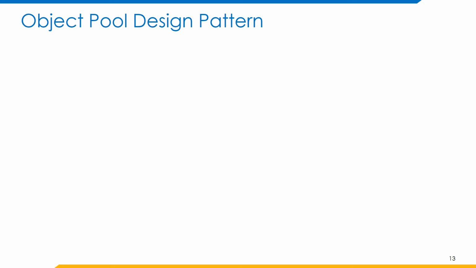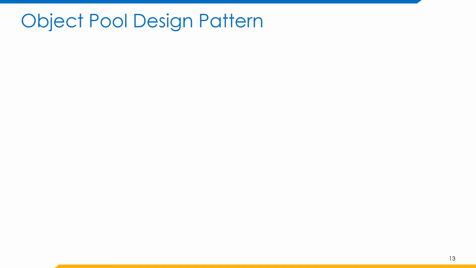In JDBC programming, we create a connection pool. From that connection pool, we use the object, and then after using it, we return it to the connection pool.